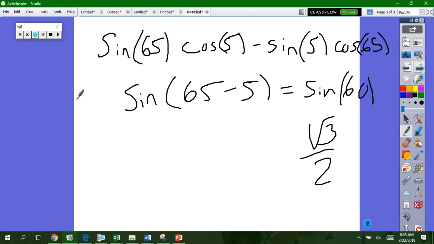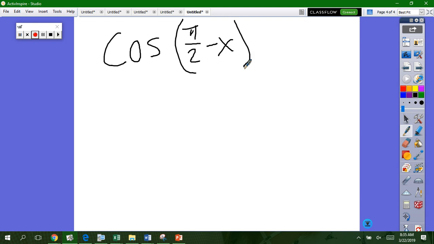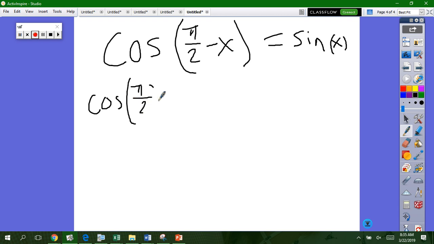Okay. Now you remember those formulas that I didn't know, like the cosine of pi halves minus x, which was equal to sine? Okay, we're going to verify that. Let's prove it using our formula. So this would be cosine of pi halves cosine of x, correct?